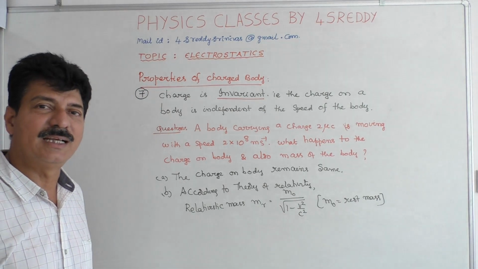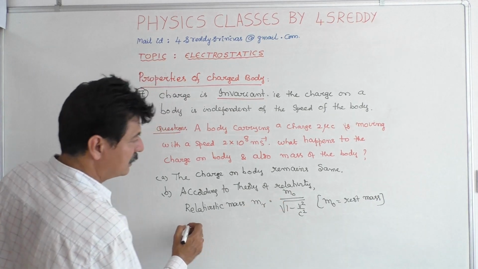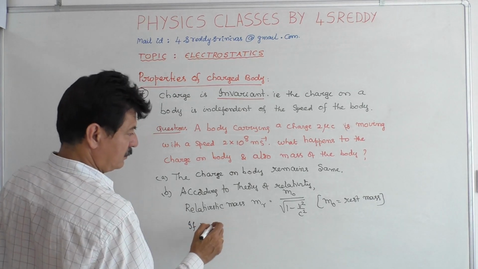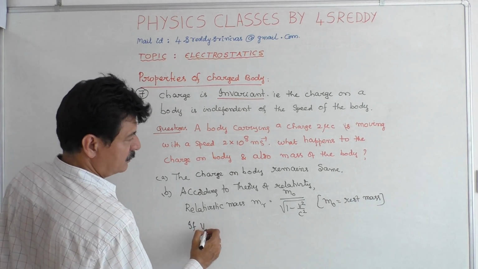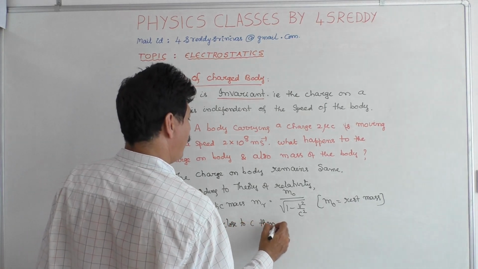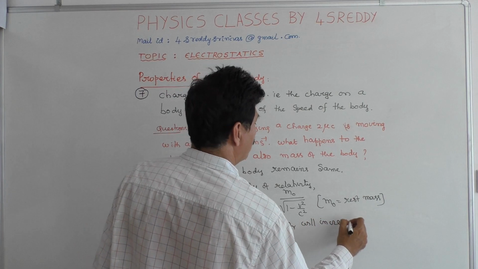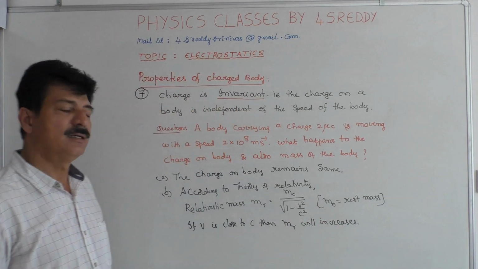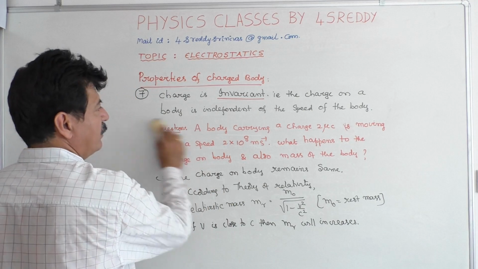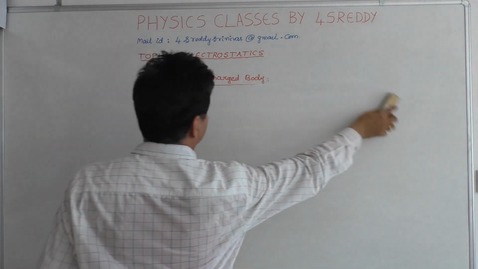Therefore, the mass increases, and thereby the specific charge of the electron decreases. So if v is close to c, m_r will increase, whereas the charge on the body remains constant. That is, charge is invariant.